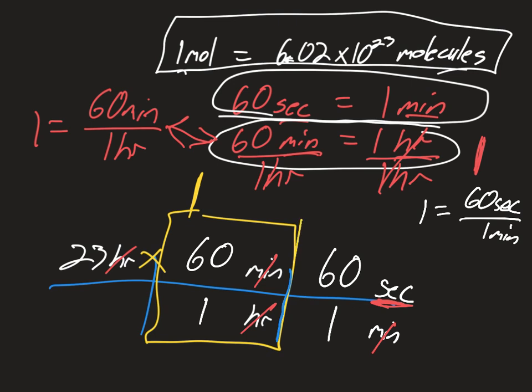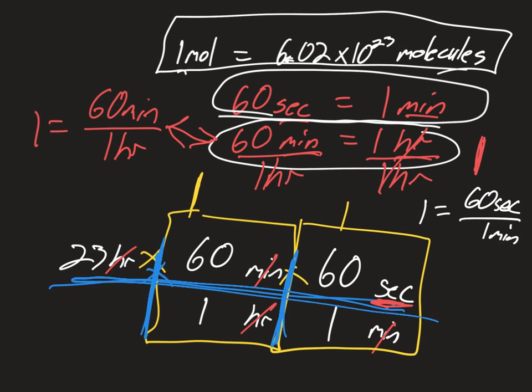Now, this also is equal to 1, so we're really just multiplying that 23 hours by 1 twice, which means we still have 23 hours, but because our units changed, we end up with new units in another equivalency statement. With the railroad tracks method, all you have to do is multiply across everything that is on top, and then divide by everything that is on the bottom.